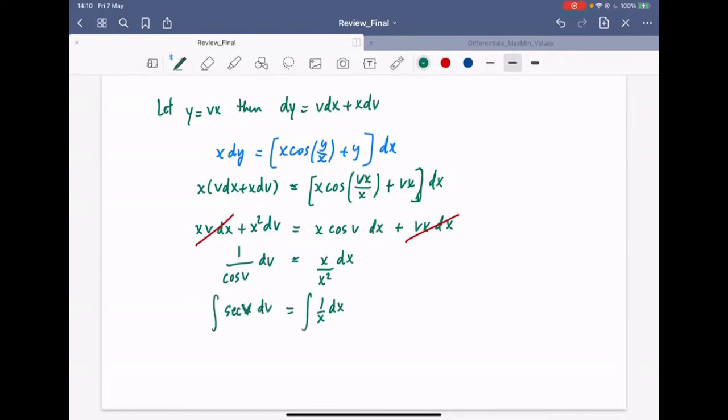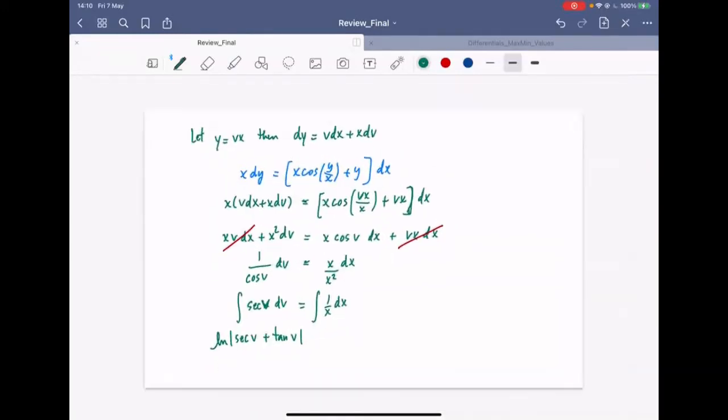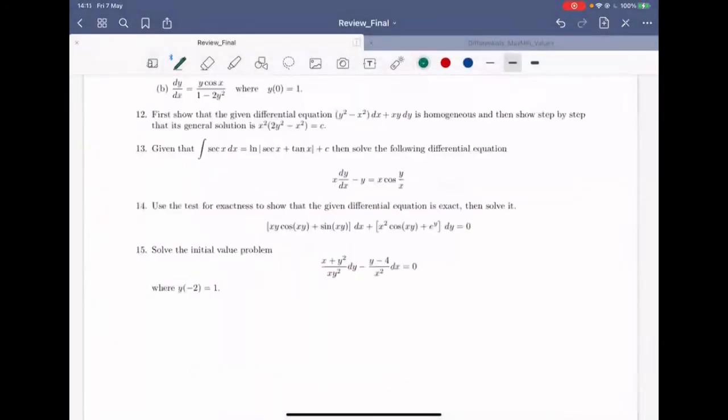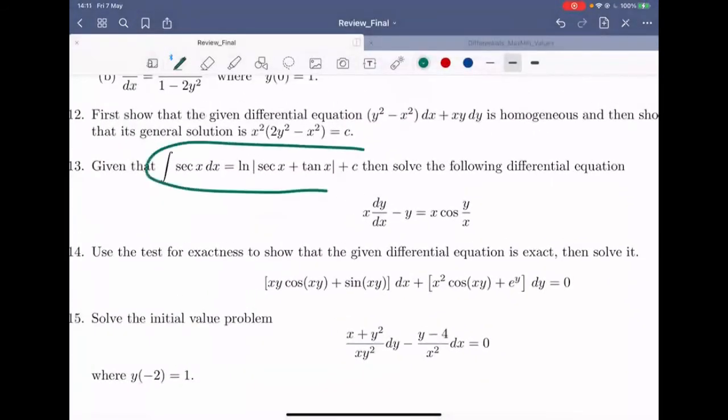Integrated, you get log of sec v plus tan v. How do I know that I get log of sec plus tan? Look at the question. This is the hint for you because it's given in the question. If the integral is hard to do by hand, I'm going to give you the formula so you can just pick it from here.